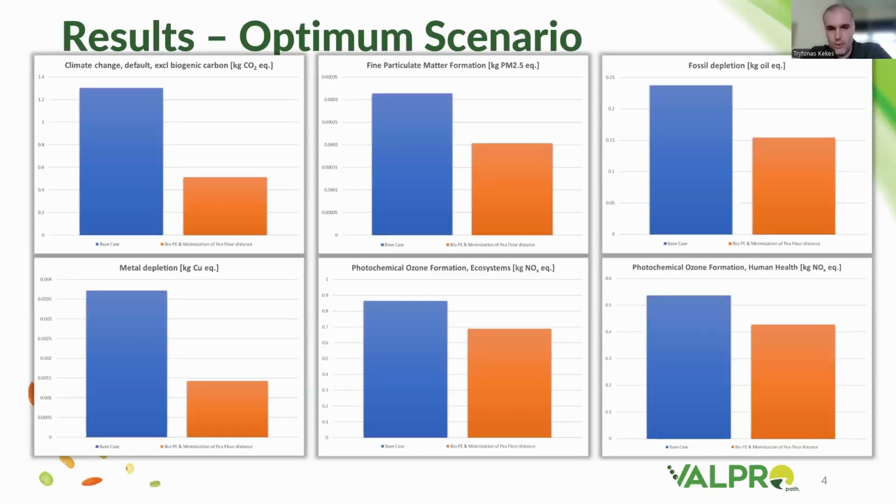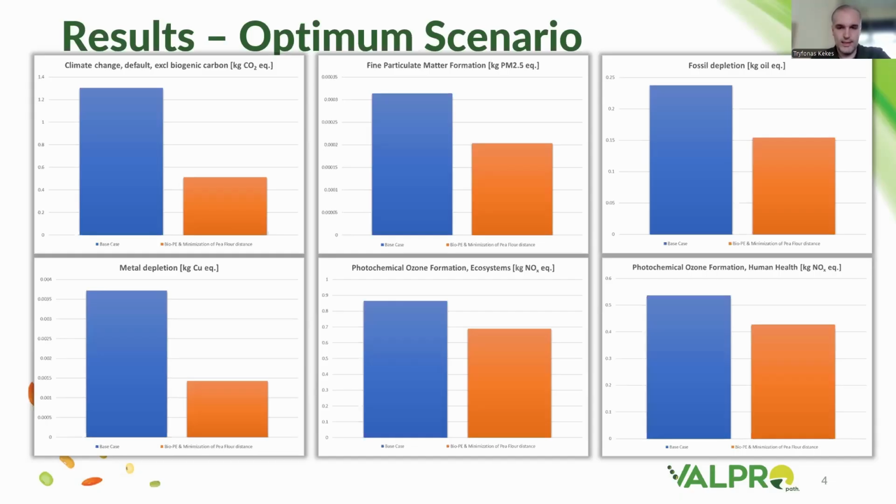Based on the results, we identified that the local sourcing of the ingredients provided numerous environmental benefits compared to the baseline scenario, and also the utilization of different packaging materials that are more environmentally friendly improved the performance of the product. Our optimum scenario included the local sourcing of the pea flour and the use of biopolyethylene material as the packaging material.